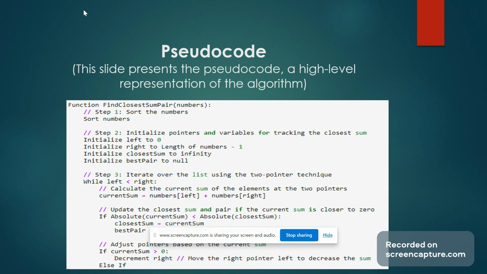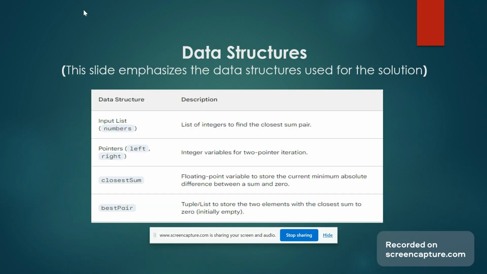Similarly, if the sum is exactly 0, then that is the optimal solution, so the pair is returned immediately. We provide the return statement after exiting the loop, so that we return the pair that has the closest sum to 0. That is our pseudocode.